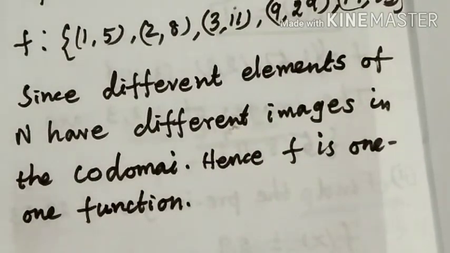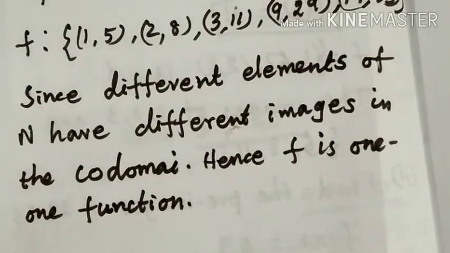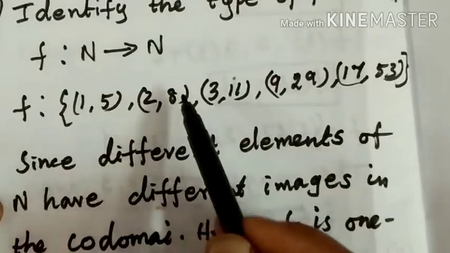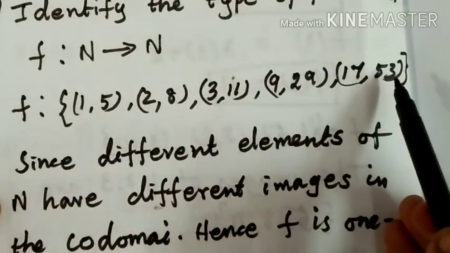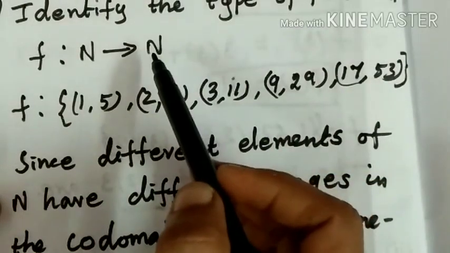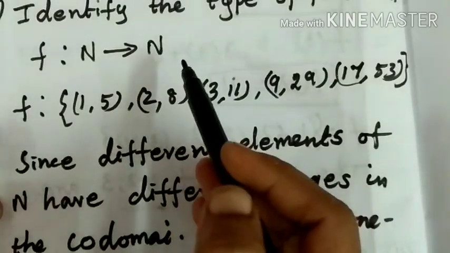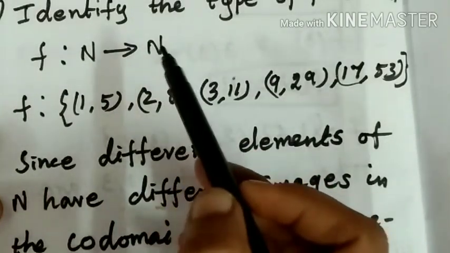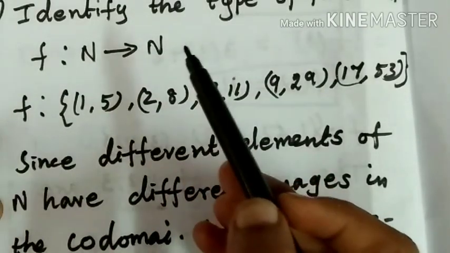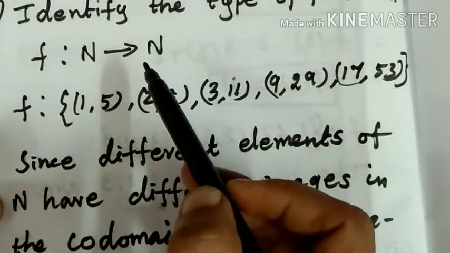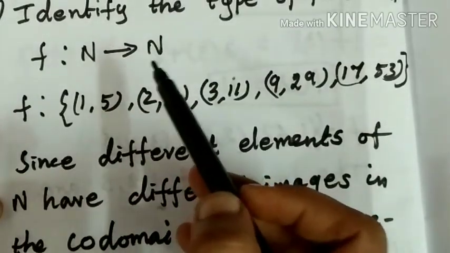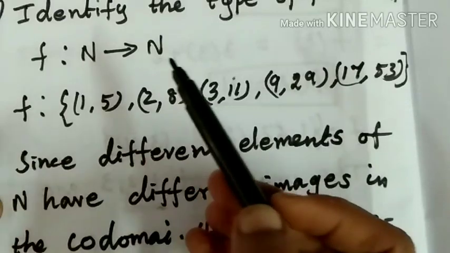Therefore, move on to the next type, that is onto function. Images belong to natural numbers, not equal to codomain. Therefore, it is not onto function. So, it is not onto function means it is possible to say into function.